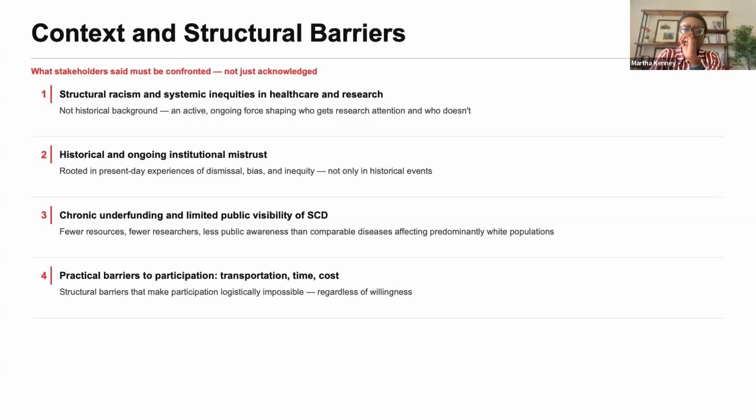And then also highlighting that for quite a long time and ongoing, there are practical barriers to participation that people need to acknowledge: transportation, time, cost, et cetera. This goes back to really understanding the social structures through which the disease exists.